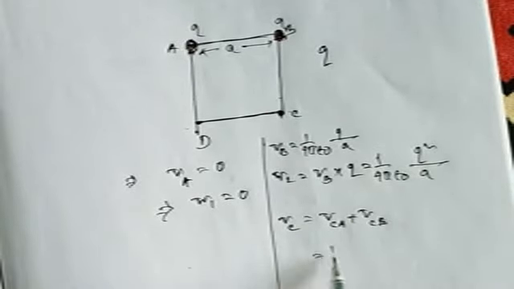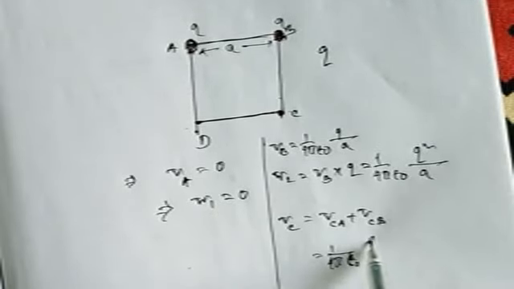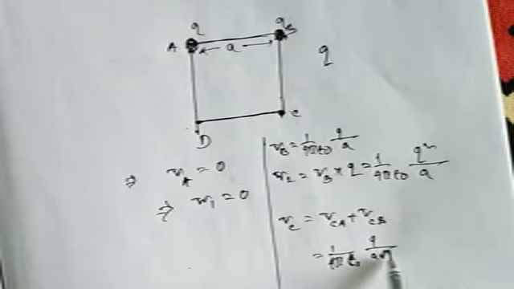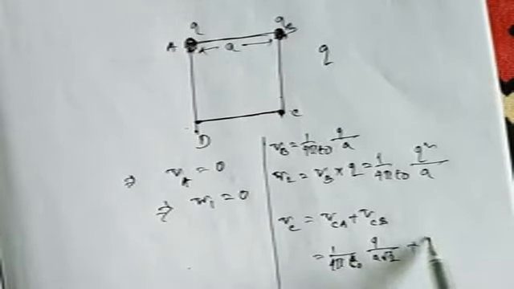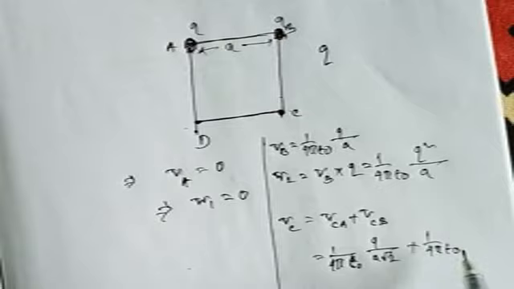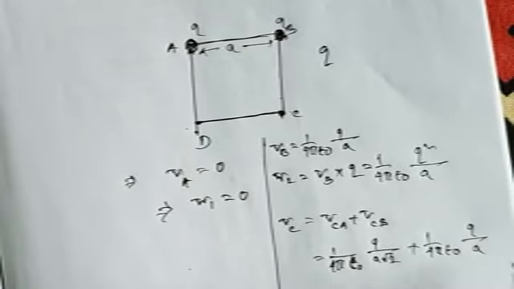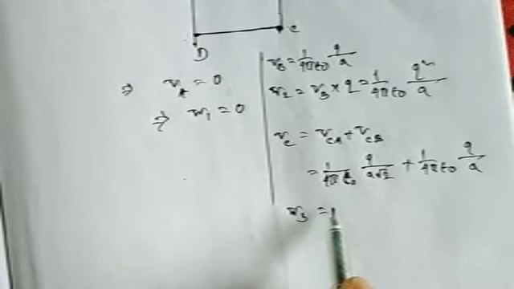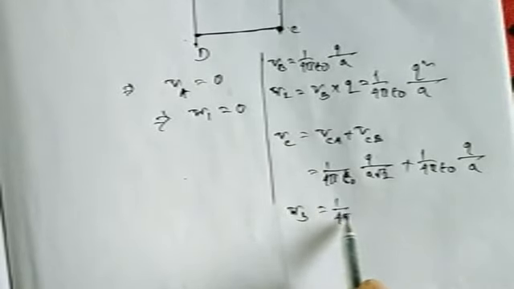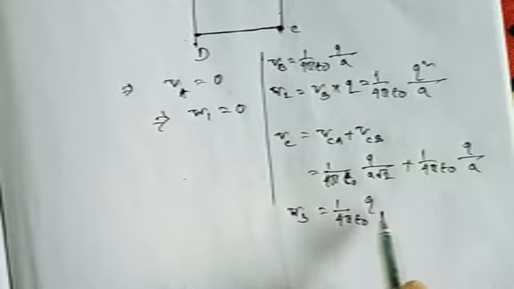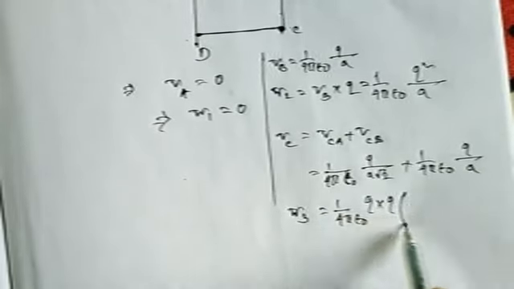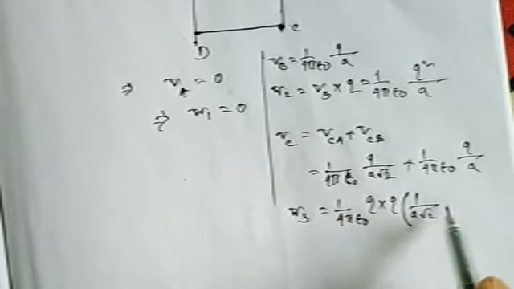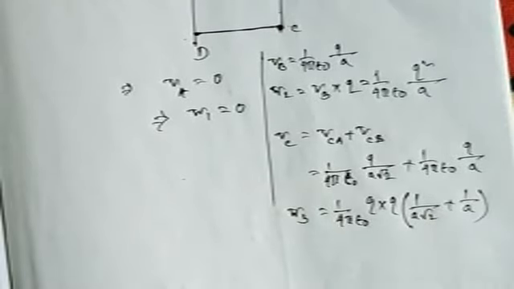So VC will be 1 by 4 pi epsilon naught q by a root 2 plus 1 by 4 pi epsilon naught q by a, and work done W3 will be 1 by 4 pi epsilon naught q into q, 1 by a root 2 plus 1 by a. This is W3.